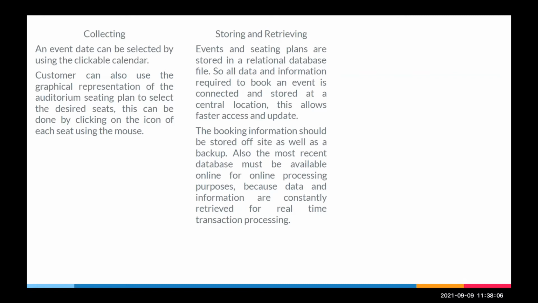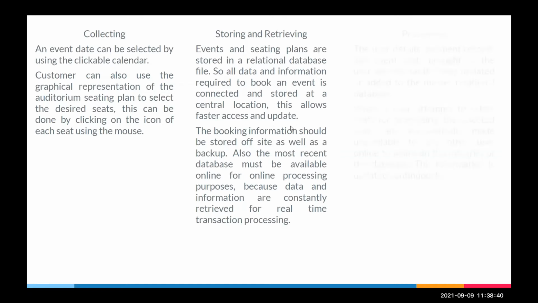Also, the most recent database must be available online for online processes, because data and information are constantly retrieved. I'm using retrieved for real-time transaction processing, giving a reason why you need to retrieve that. You can see there's a link. You should generate a link from there to there. Once it's been collected, then that needs to be updated.